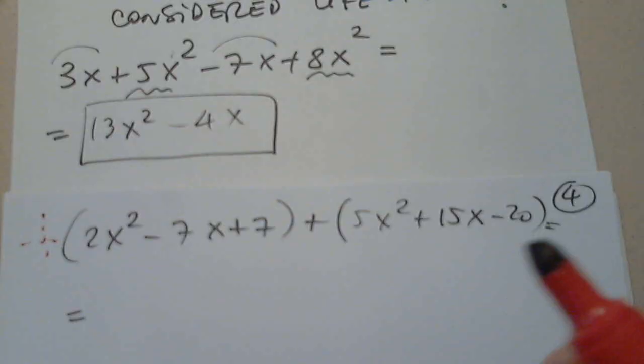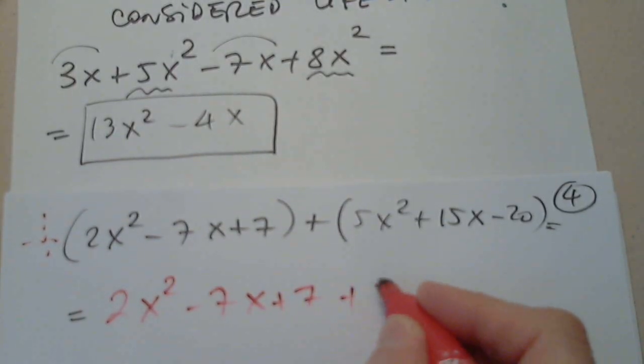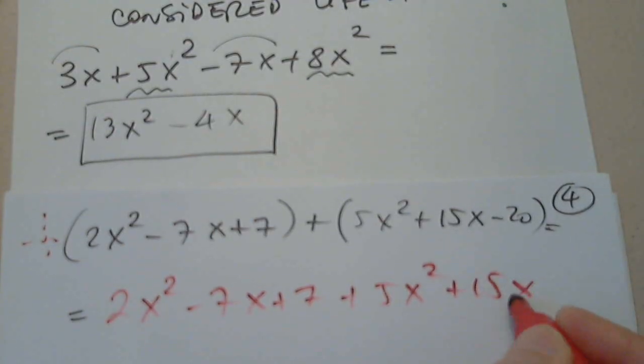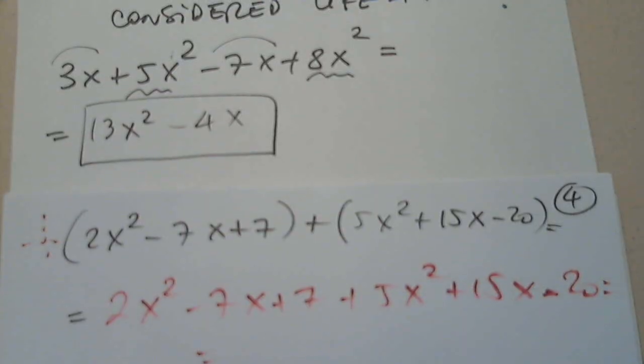So my first step has to be 2x squared minus 7x plus 7 plus 5x squared plus 15x and minus 20. And let's take a moment, combine like terms, simplify, and see what we get.